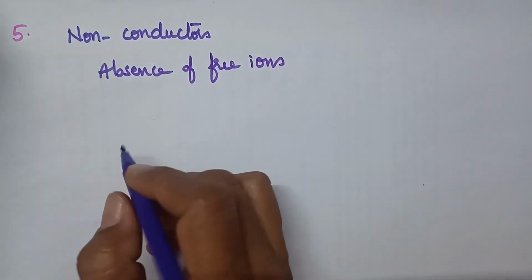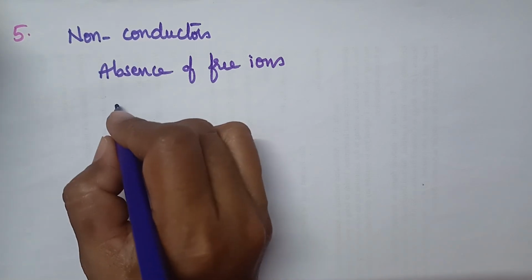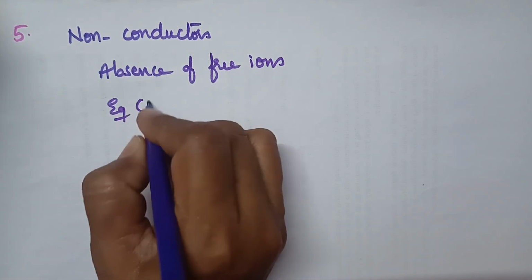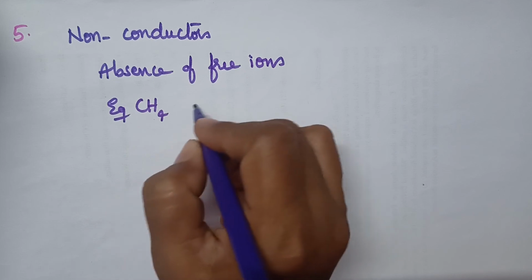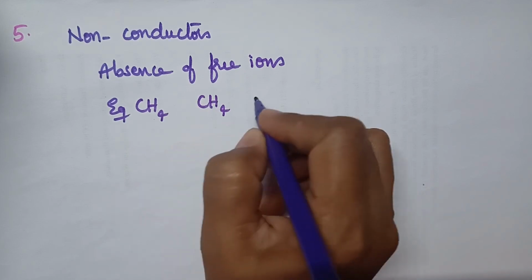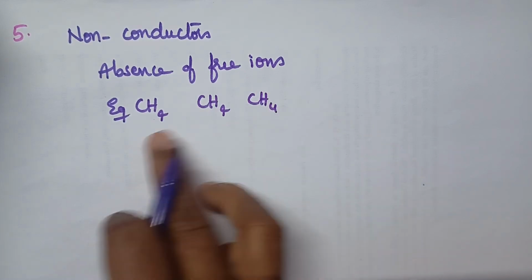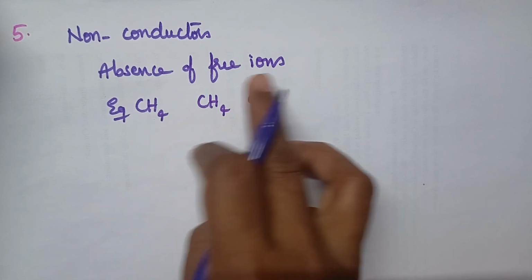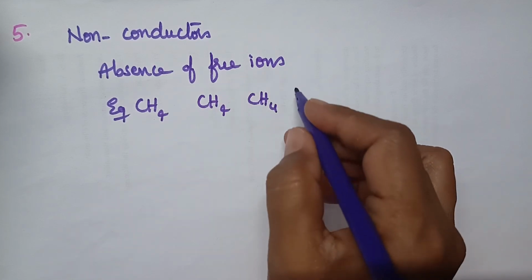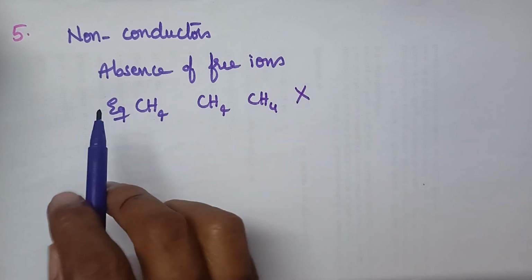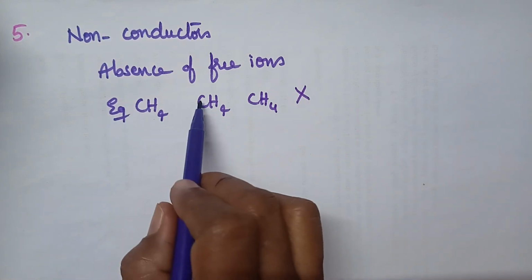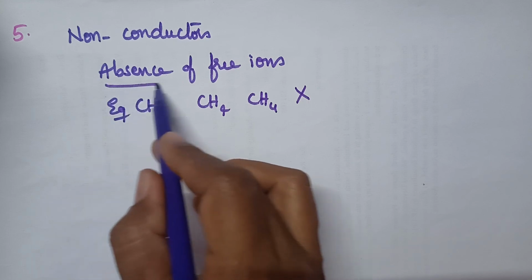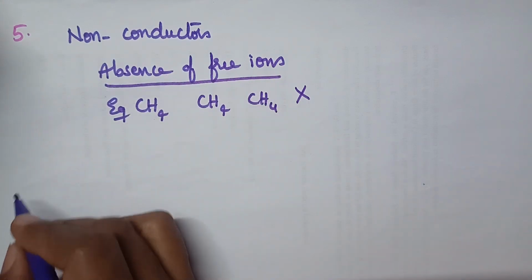Whenever you consider a covalent compound, for example, let us consider methane, the covalent compound consists of molecules. So there is no chance for the presence of ions. Whenever ions are not available in the free state, they do not conduct, and hence these covalent compounds are non-conductors due to the absence of free ions.